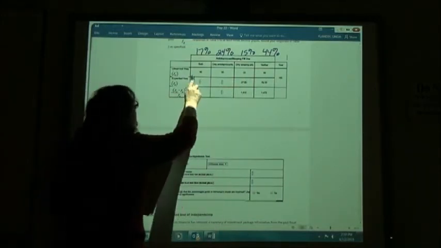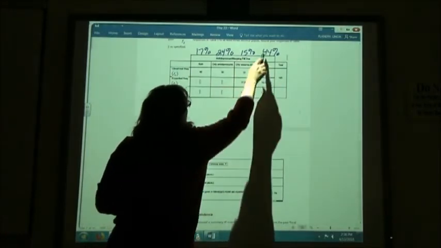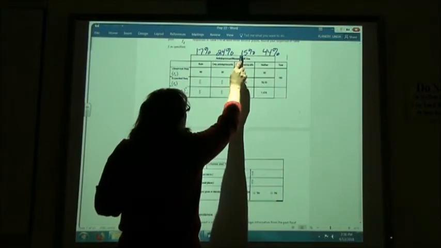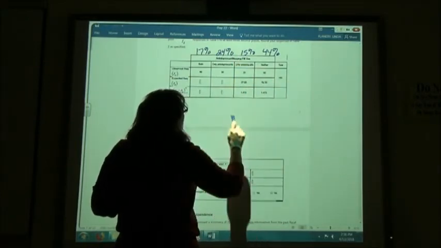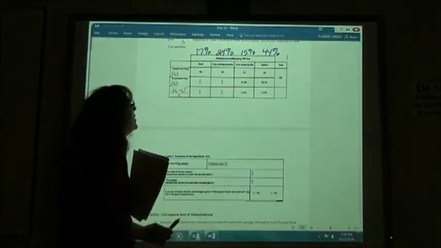So again, we're going to do our calculations. Here's the observed data. What is our expectation based on these percentages? Here, these two are filled in. 15% times 180 is 27. 44% times 180 is 79.2.